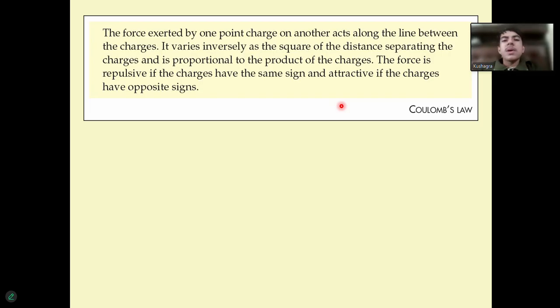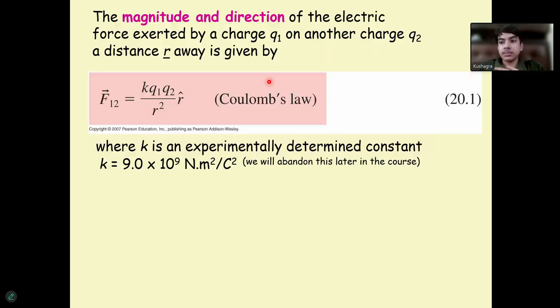The force exerted by one point charge on another acts along the line between the charges. It varies inversely as the square of the distance separating the charges and is proportional to the product of the charges. The force is repulsive if the charges have the same sign and attractive if the charges have opposite signs.